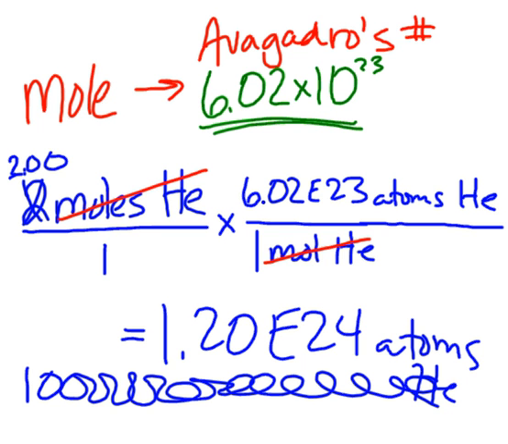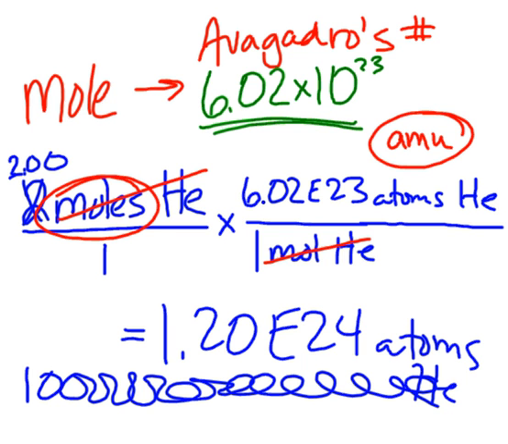Well, we can actually tame these big numbers, because when we're looking at individual atoms, we use the unit AMU, which is tiny, tiny, tiny. But now that we're looking at moles of something, we can use grams, and we can measure grams on, say, a triple beam balance.